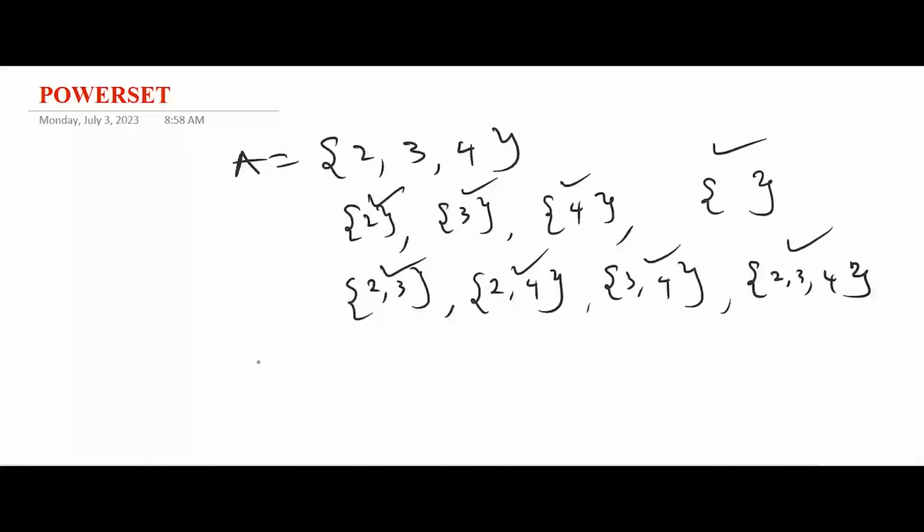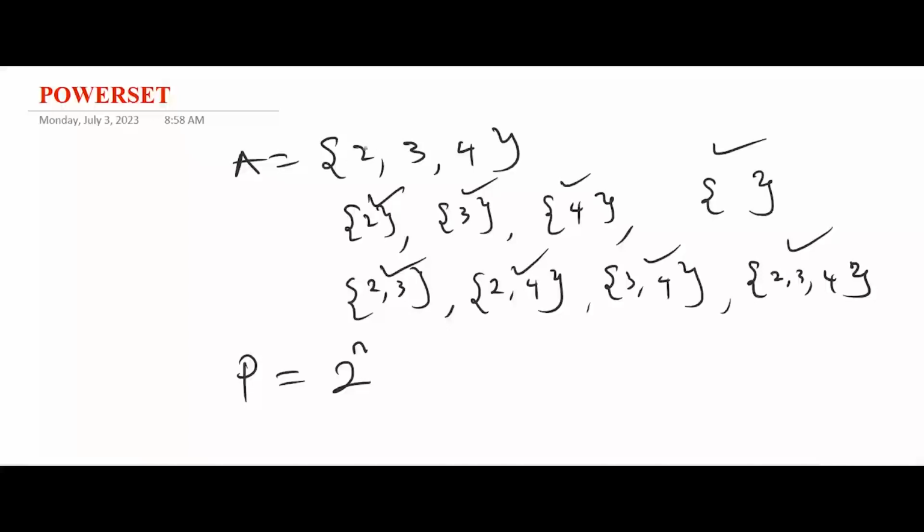So how do we know the number of subsets we could form from a given set, which is referred to as the power set of the given set? Okay, it is by using the formula, the power set P equals 2 to the power of n, where n is the number of elements in the given set.